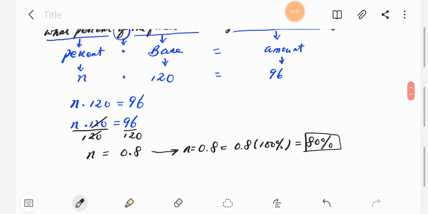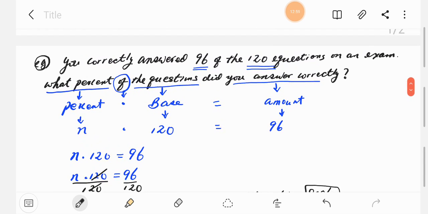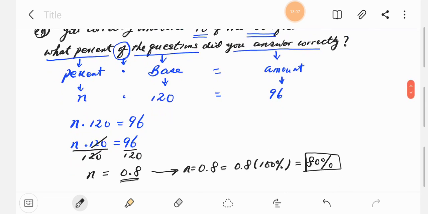So when you find the percent, and if the number is a decimal, then write it in percent by multiplying the number by 100%, which is 80%. Make sense? So this person answered 80% correctly, because 96 out of 120 is 80%.